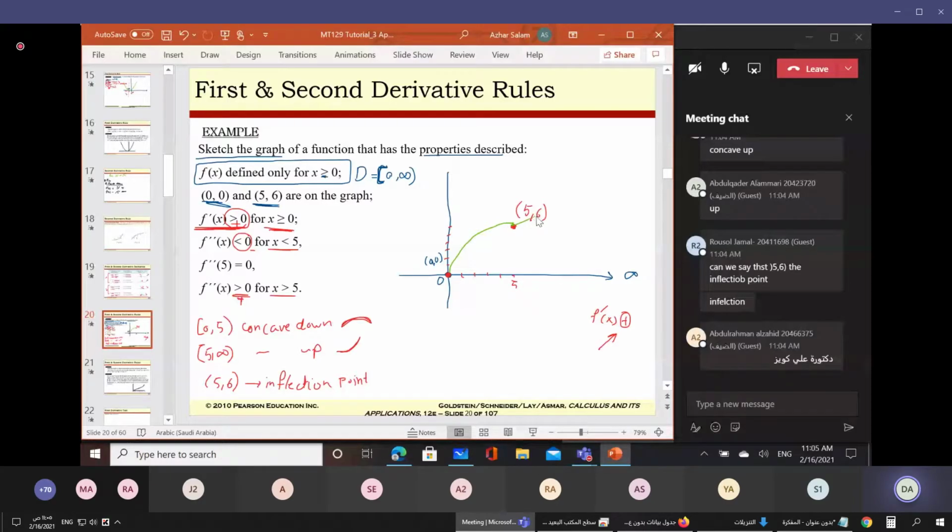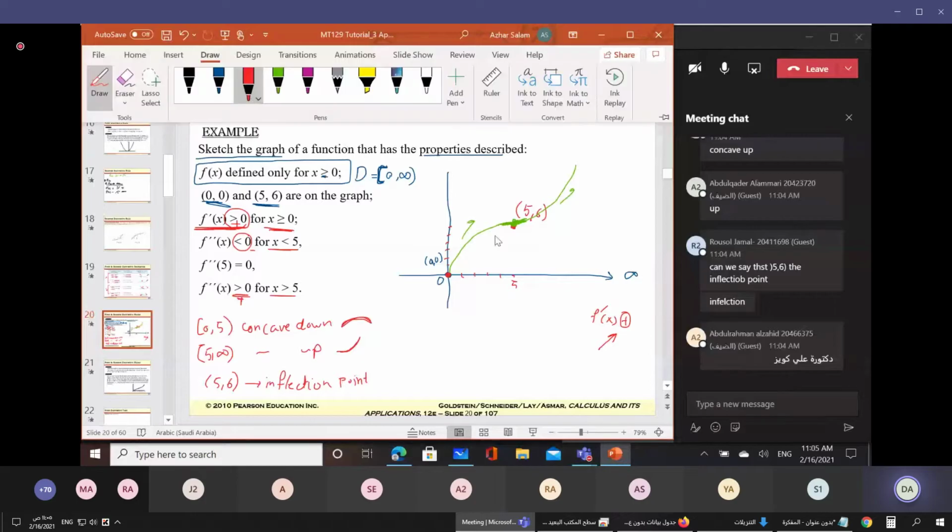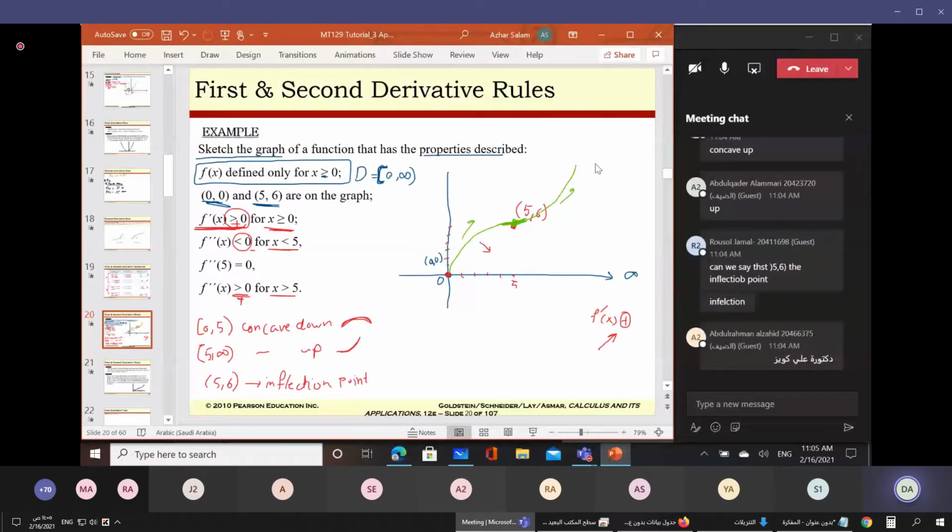So here it will be concave up. Let the graph be smooth. It will be only an inflection point. Notice here that this is increasing and this is increasing, but the only difference is the concavity. This one is concave down and this one is concave up.